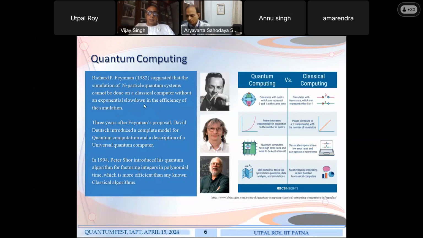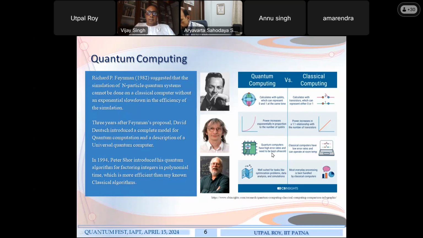These are some remarkable steps. There are many intermediate steps, but Richard Feynman, David Deutsch, and Peter Shor are the persons behind quantum Turing machines, then quantum computations, factorization, and some algorithm development.